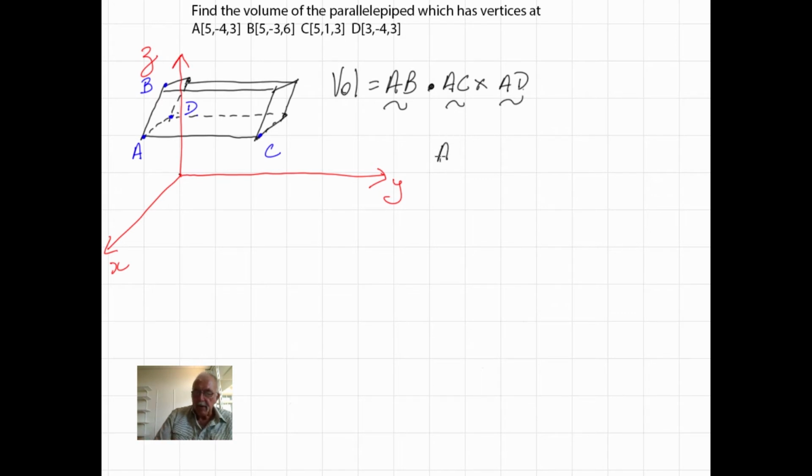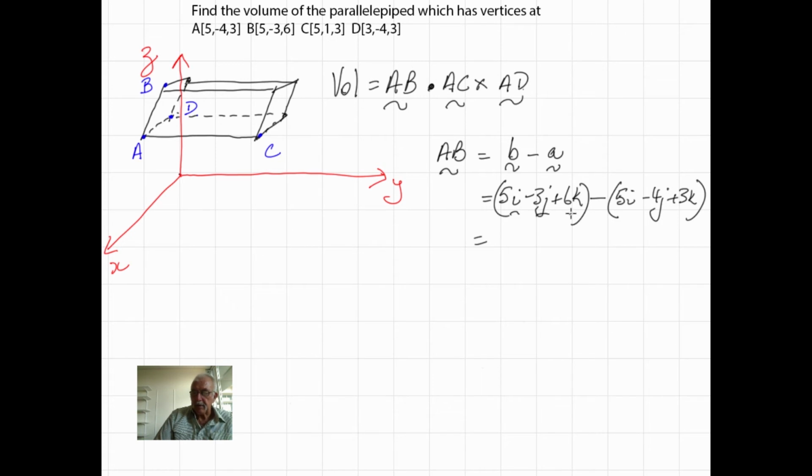To work out vector AB, which as we know is a displacement vector, it'll be the position vector of point B minus the position vector of point A. Position vector is just from the origin out to point B. Now we know B is 5, negative 3, 6, so vector B is 5i minus 3j plus 6k, minus vector A, which is 5i minus 4j plus 3k.